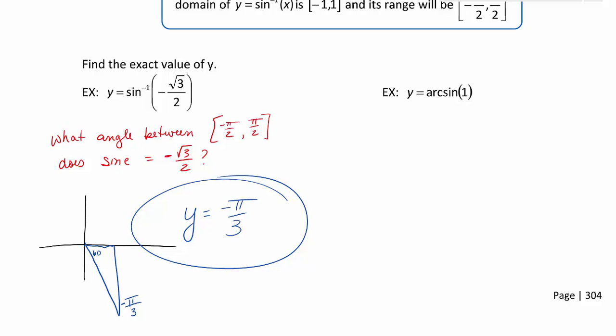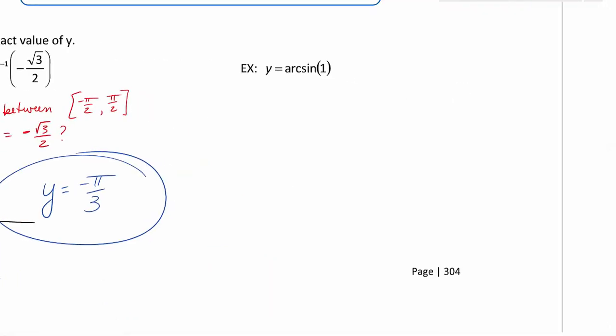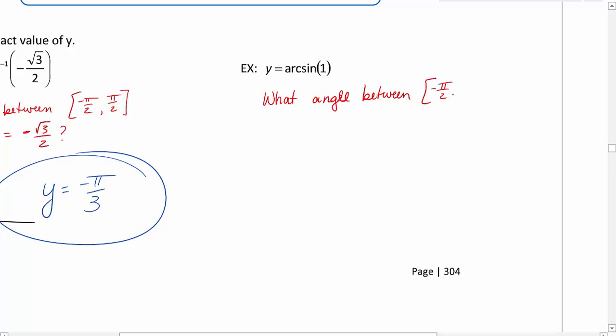All right, next let's find y equals arcsine of 1. Here we have the question: what angle between negative pi over 2 and pi over 2 does sine equal positive 1?